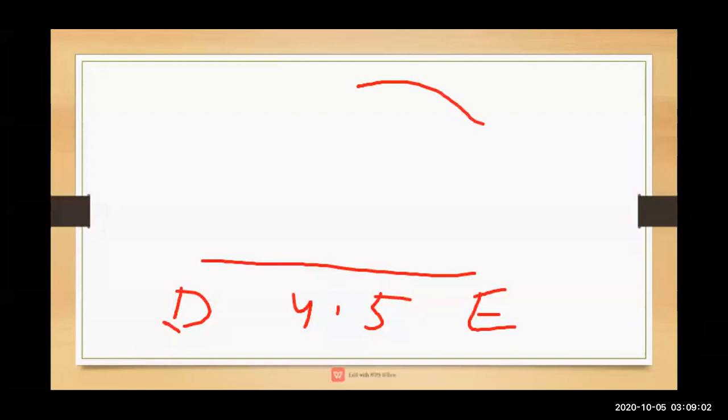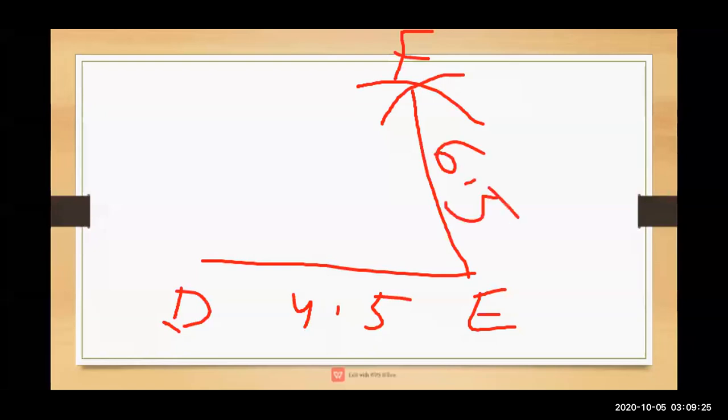When the arcs join, you are going to write the name F. And then you are going to join this line. Which line? You have to join E and F. There, E and F, how much centimeter have you taken? You have taken 6.5 centimeter. Listen to it once again.